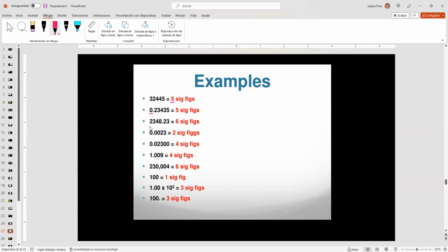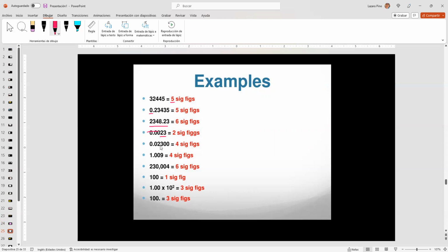In this one, all the numbers are different from 0, then it has 6 significant figures. These zeros to the left are not considered significant, so this number has only 2 significant figures.